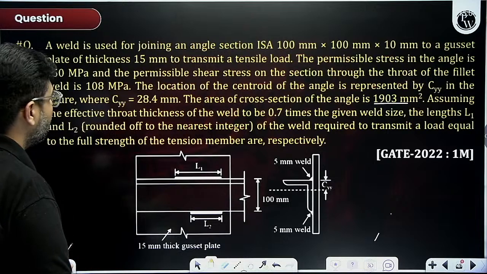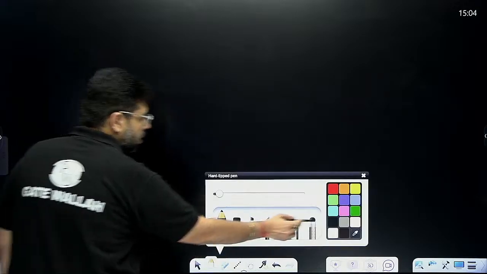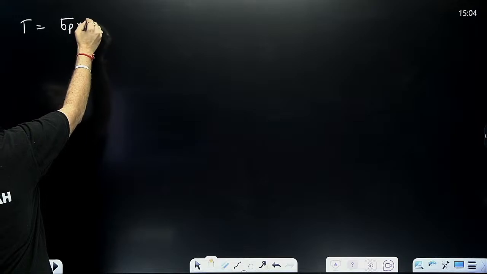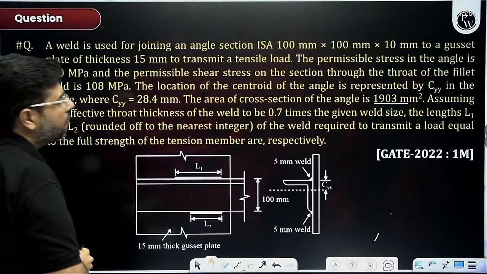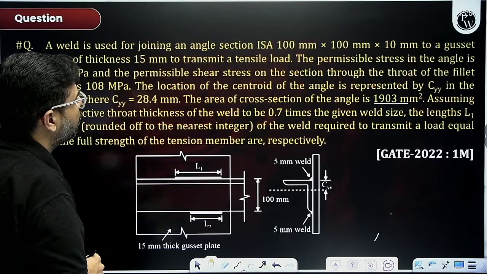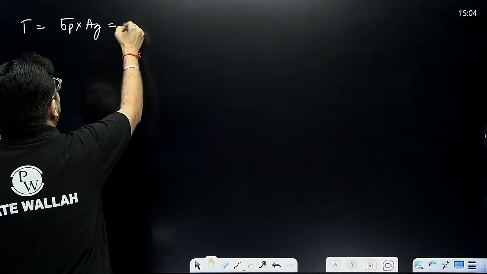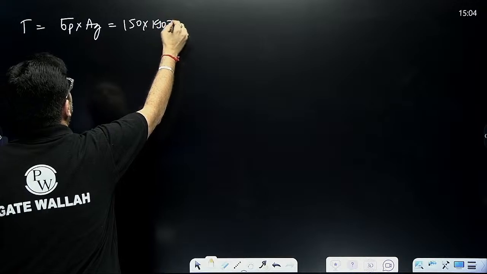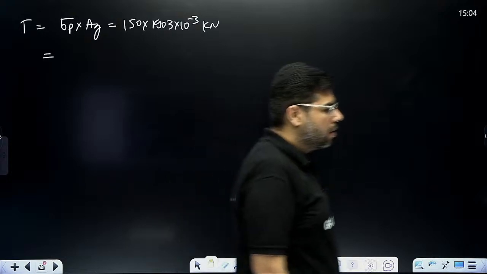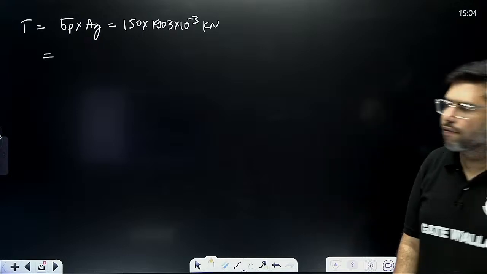The design strength of the member is the load that will be transmitted: sigma permissible into gross area, that is 150 into 1903 into 10 raised to power minus 3 kilonewton. So this is the tensile strength of the member. How much are you getting? I have calculated it, that is 285.450 kilonewton.